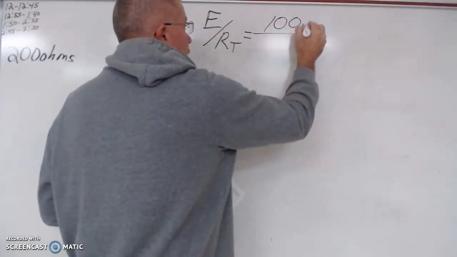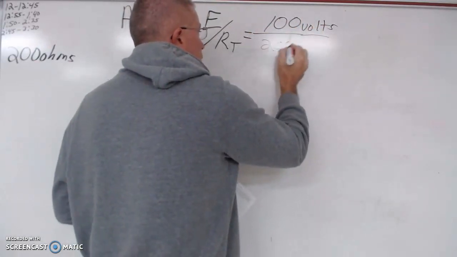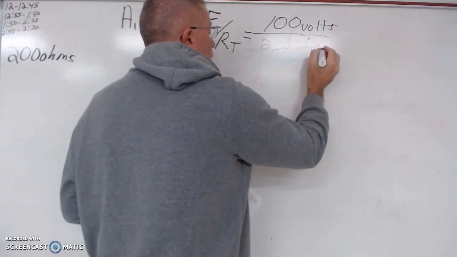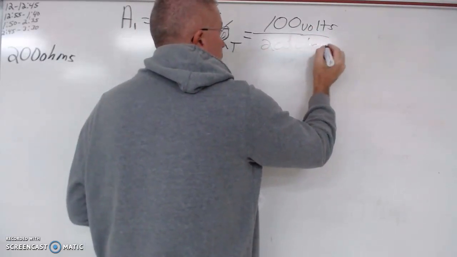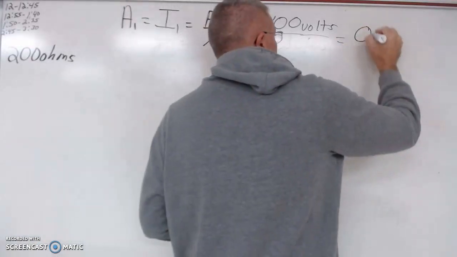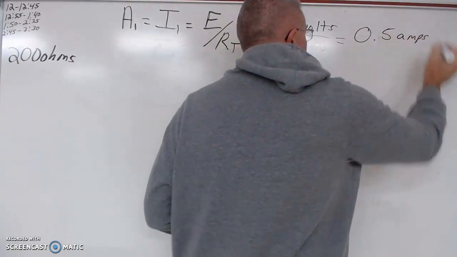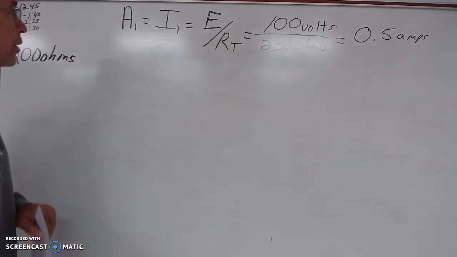And you calculated that total resistance would be 200 ohms. 100 divided by 200 is 0.5 amps. Total amperage in that circuit.